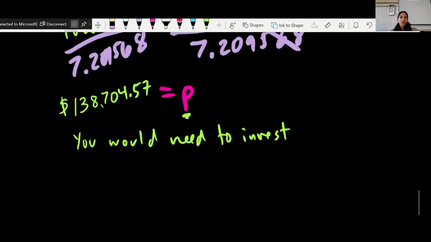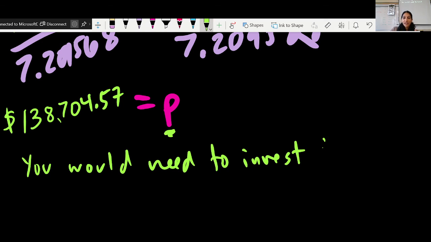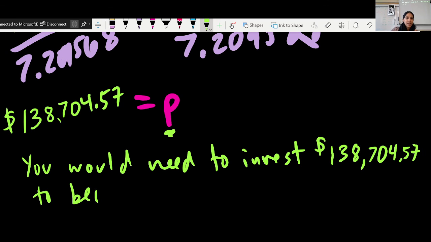So you would need to invest this amount, $138,704.57, to become a millionaire. Make sense? So these are a lot of different types of questions.